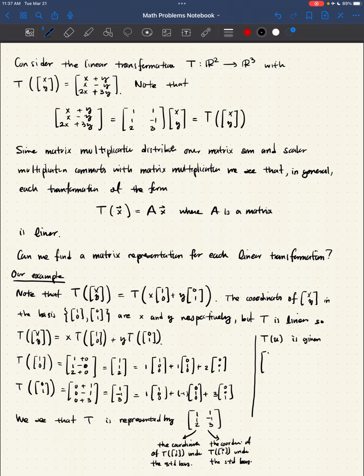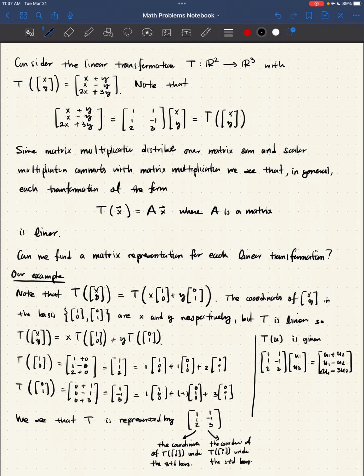We have the matrix 1, 1, 2, 1, negative 1, 3, times u1, u2. Of course, we perform the actual matrix product, and this turns into u1 plus u2, u1 minus u2, and 2u1 plus 3u2.